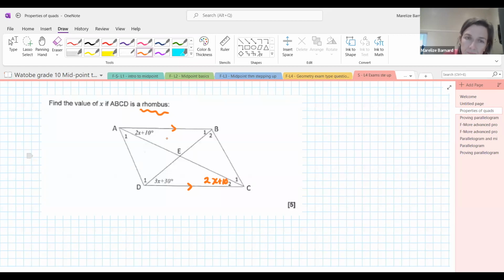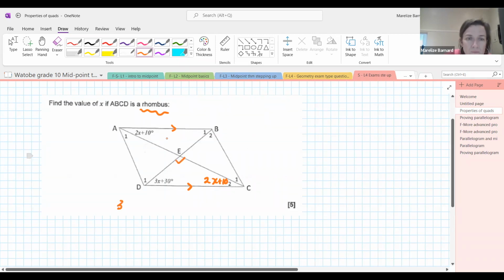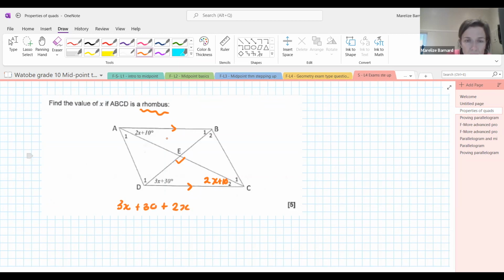So I said 3x plus 30 degrees plus 90 plus 2x plus 10 equals 180 because angles of a triangle. And then I added it all up, and at the end I got x is equal to 10. Lovely, great, well done, Moheen.